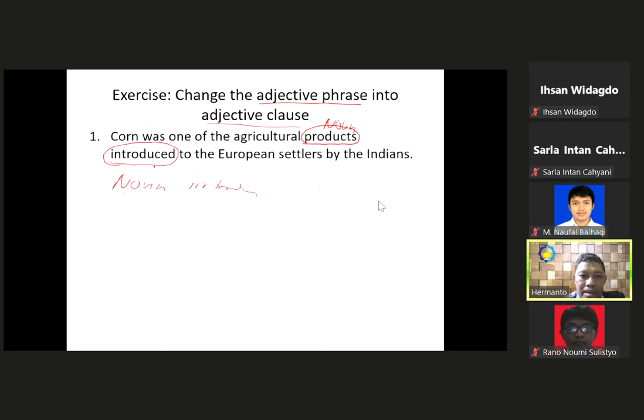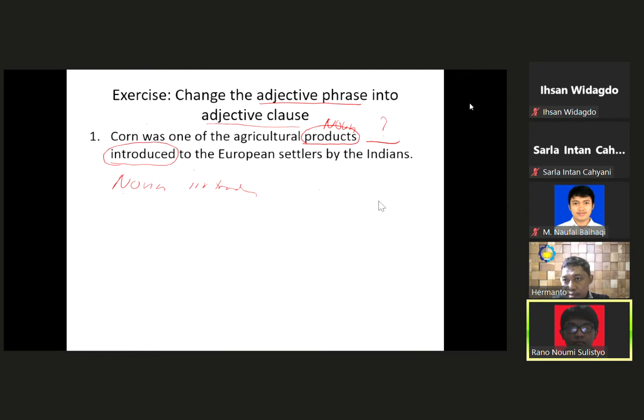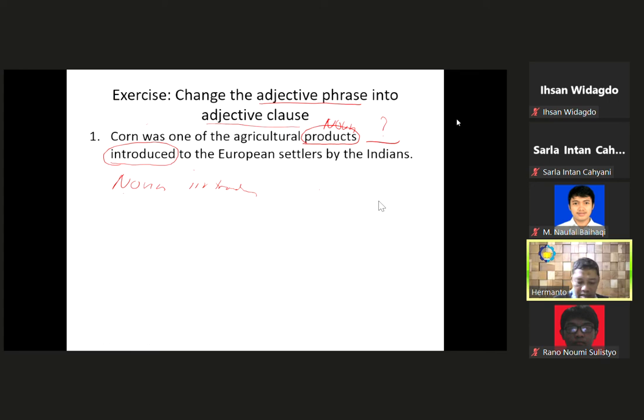Products introduced. There must be something missing here. Rano, once again, what is the missing part? That is. Okay, the missing part is that is.